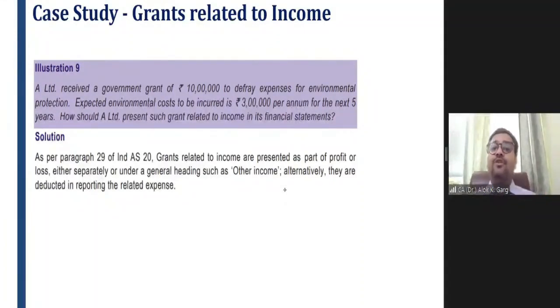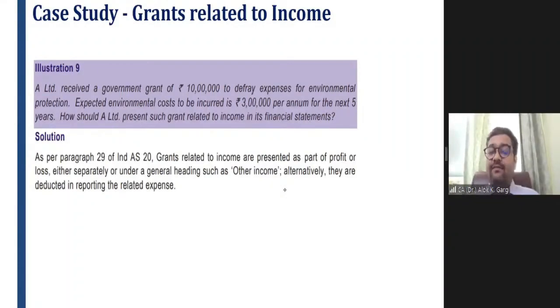Expected environmental cost to be incurred is 3 lakh per annum for the next 5 years, means 15 lakhs. And the government is giving 10 lakh. How should A Limited present such grant related to income in the financial statement? Tell me.